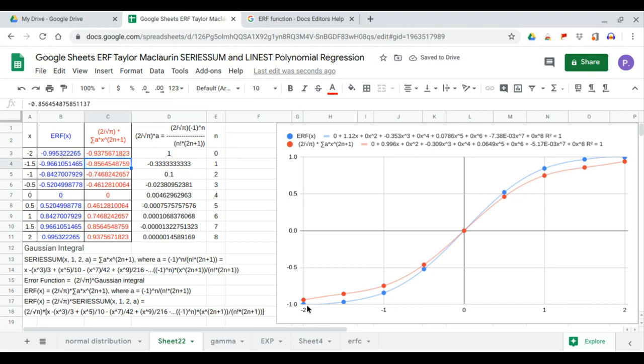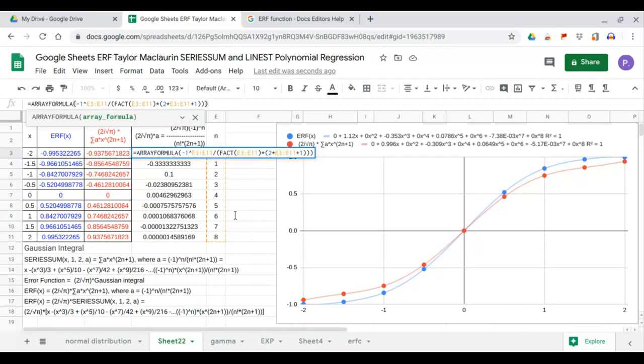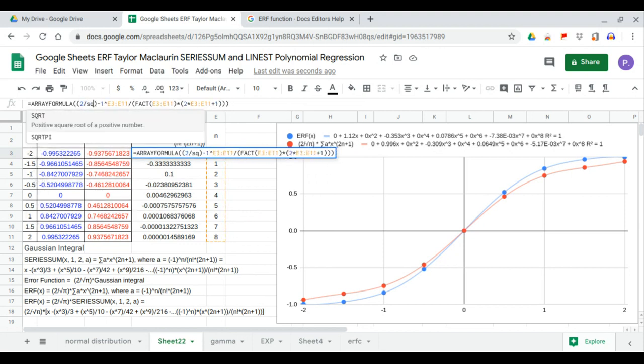You'll see this is the Erf function in blue, while the Gaussian integral in red. To make them equal, we will factor in 2 over square root of pi to the coefficient. So we multiply 2 over square root of pi. 2 divided by square root of pi.